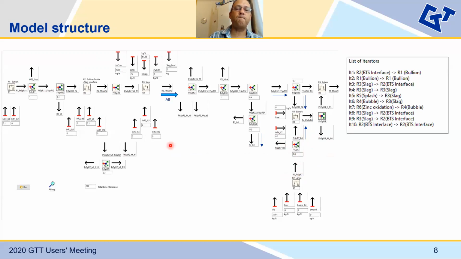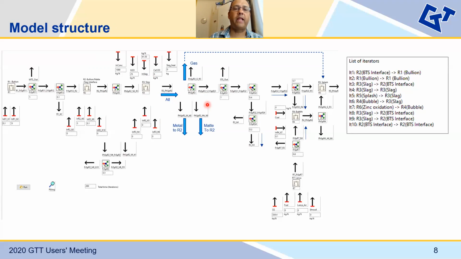When the oxidizing gas coming from the lance arrives at R3, you form a series of products. These products are then separated according to the different phases. For this, we use the so-called phase splitter. You have basically the metal phase, which goes back to R2, the matte phase, which goes back to R2, and the gas phase, which goes directly to R5.